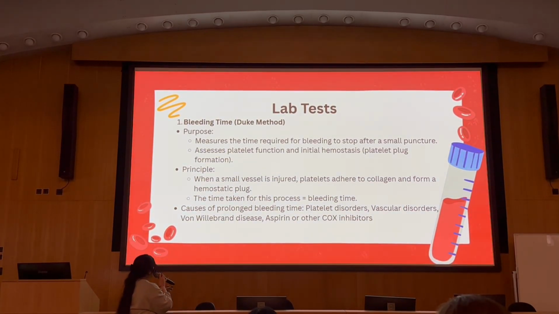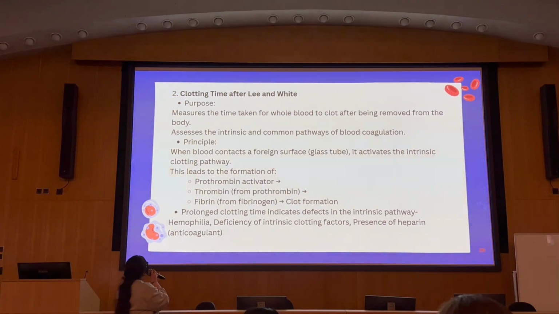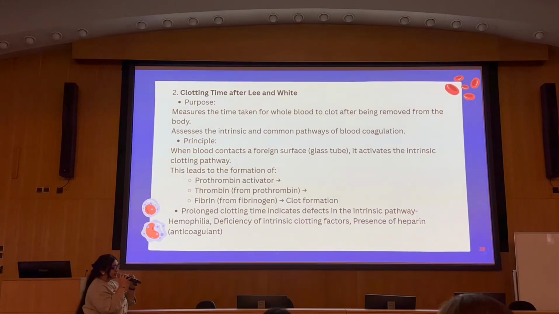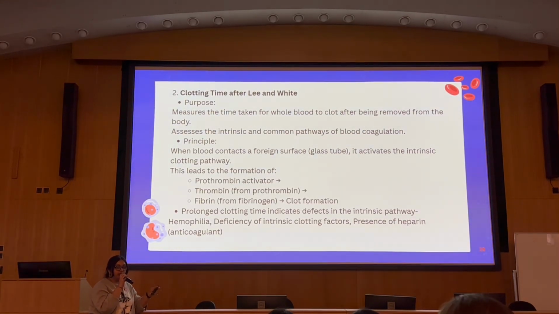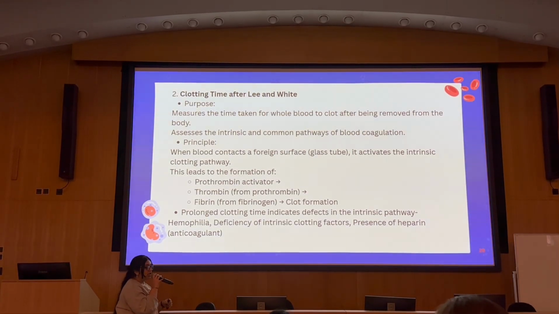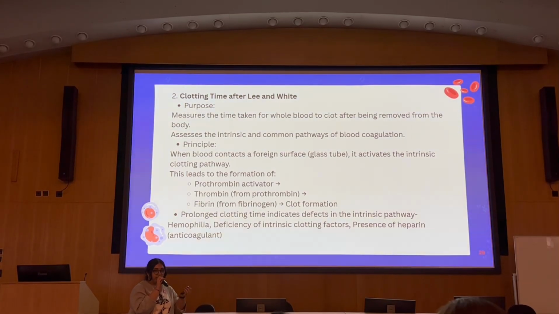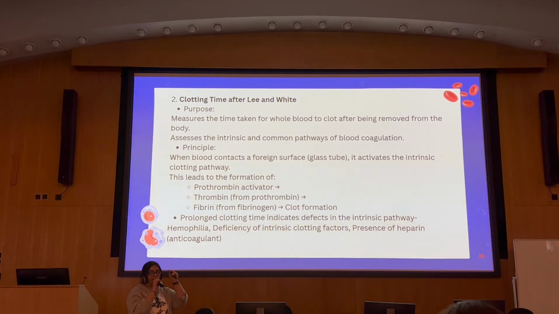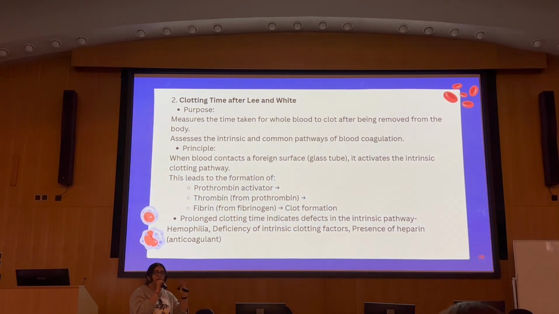That's your bleeding time. Then we have clotting time after Lee and White. Again it's the same principle, you're measuring the clotting time, but the procedure is a bit different. You collect blood using venipuncture, place it in a test tube, and keep it there for a few minutes to see how long it takes to clot.